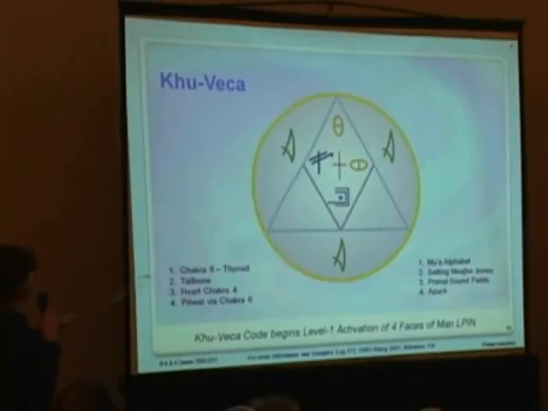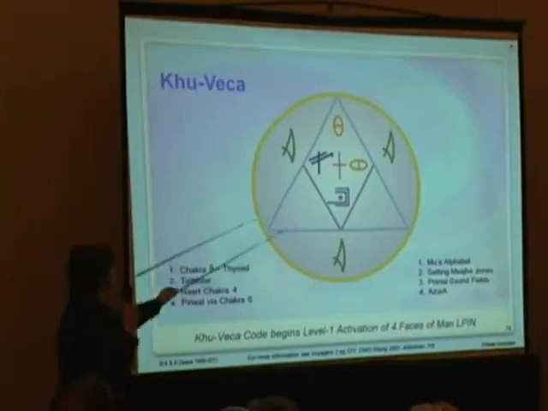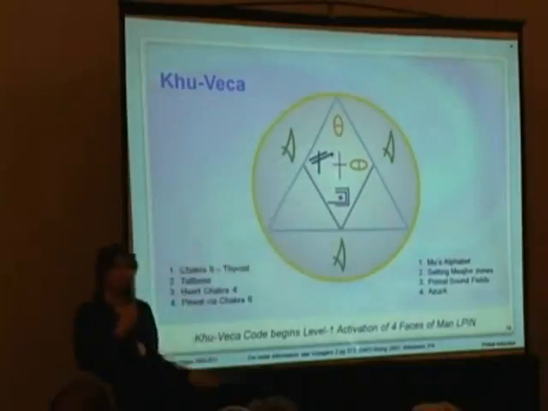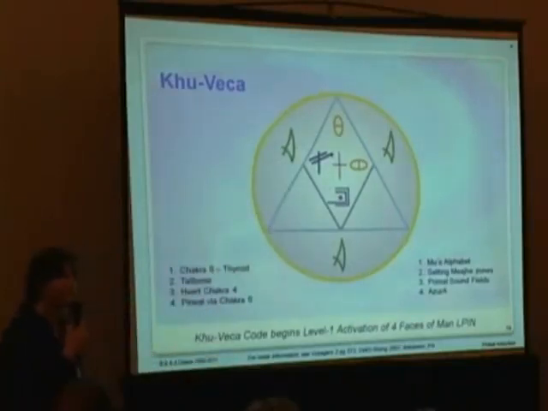Breathe it into each of these areas of chakra, to the thyroid, into your tailbone, into the heart chakra, and into the pineal gland. The center here actually represents the Four Faces of Man LPIN system. Feels pretty good, huh? 11 more levels to go.